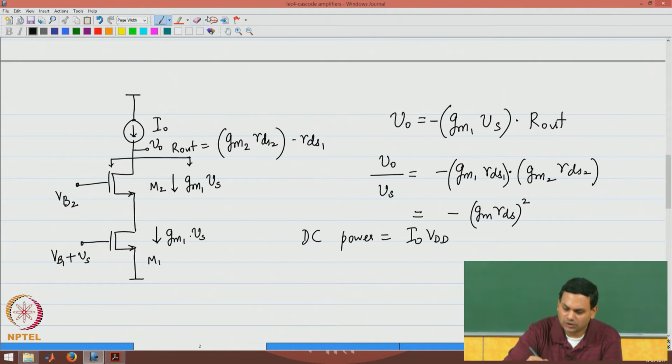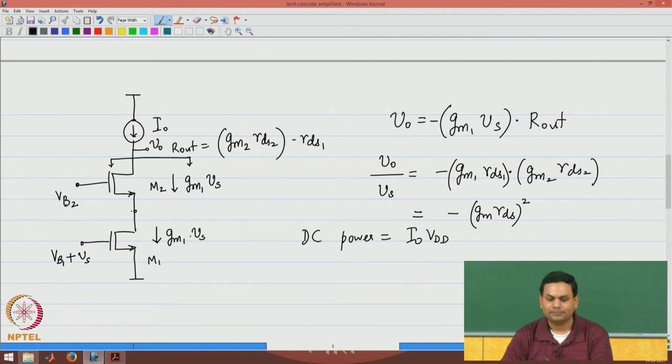I want to find out the maximum value and the minimum value of VB2 that can be applied to this circuit. To do that, I am going to denote the voltage at the intermediate point as VD1, which is the drain voltage of M1. I am looking now only at bias quantities.